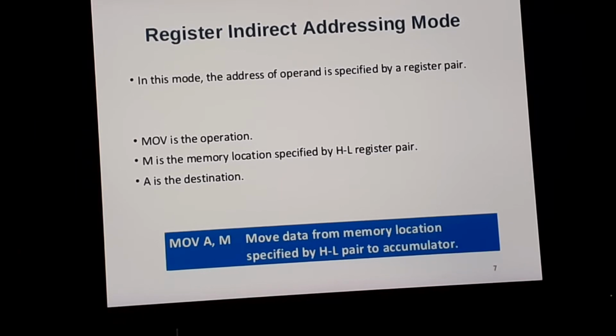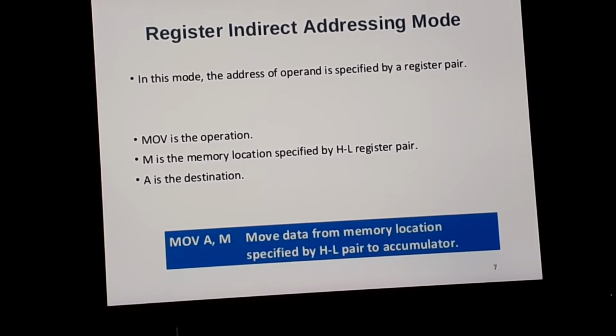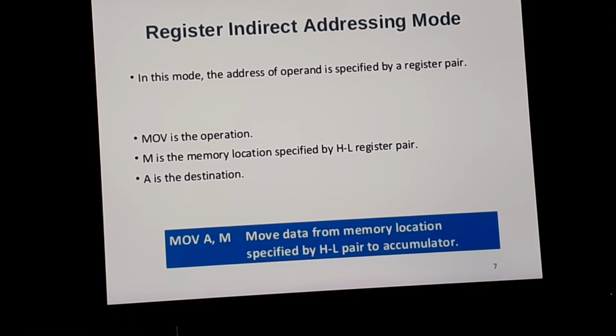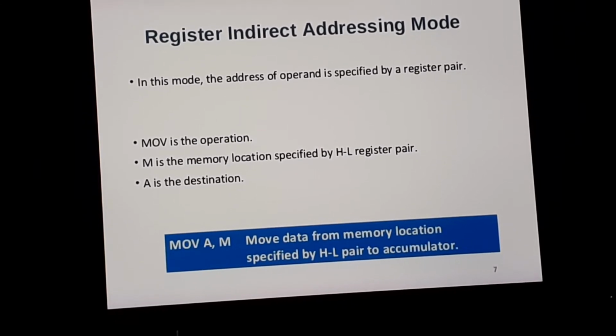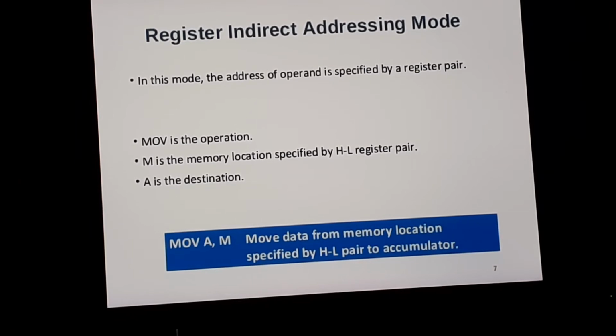The example that I have written here is MOV A,M. What it does is move the content of M to A. If we write MOV M,A, then it will transfer the data of A to M. But since I have written A first and M second, it will transfer the second register that I have written to the first register.